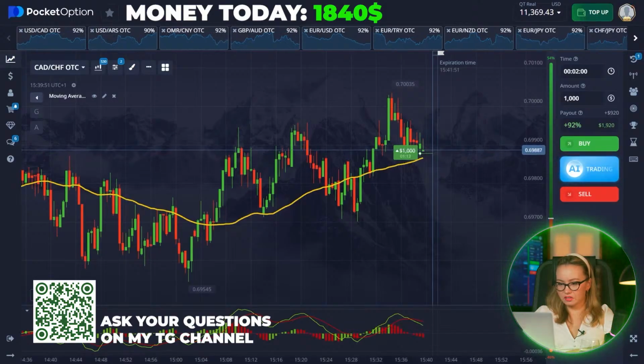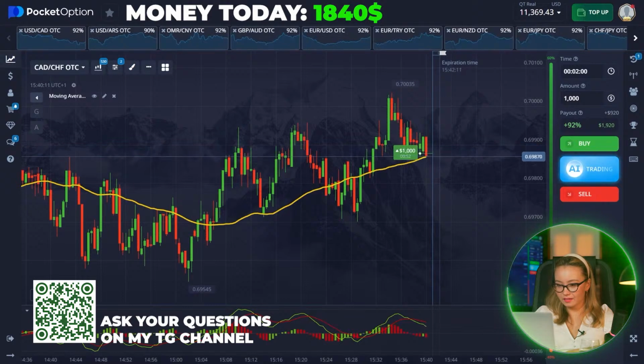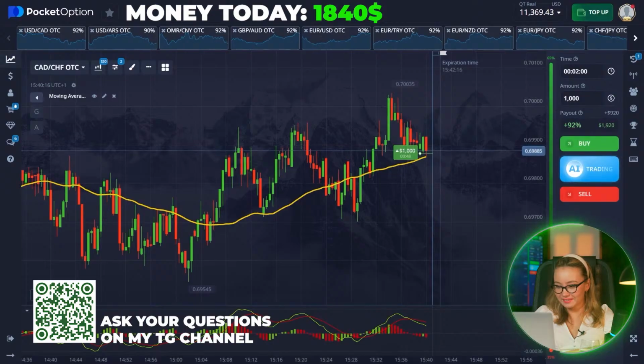And did the chart freeze? It's just loading. Okay, let's wait. Here we go. Look at the dynamic. So we are in the lower part of the amplitude, relatively.